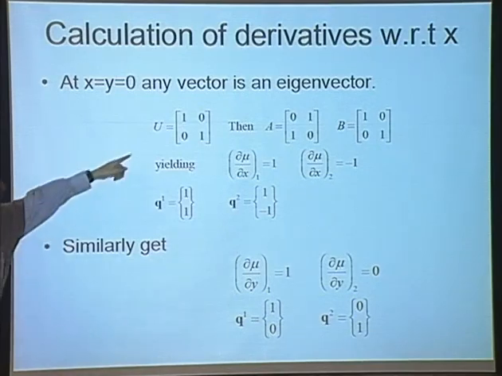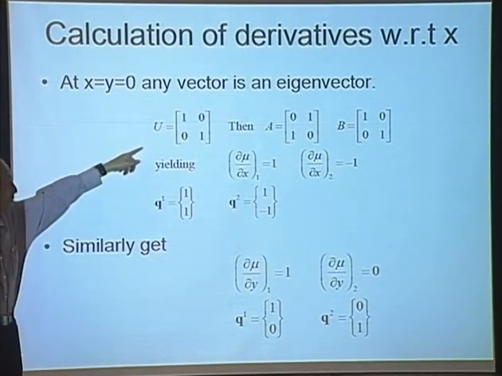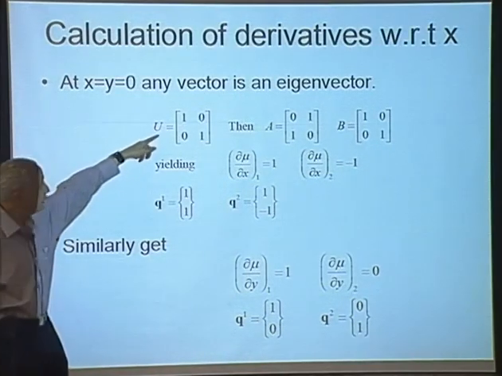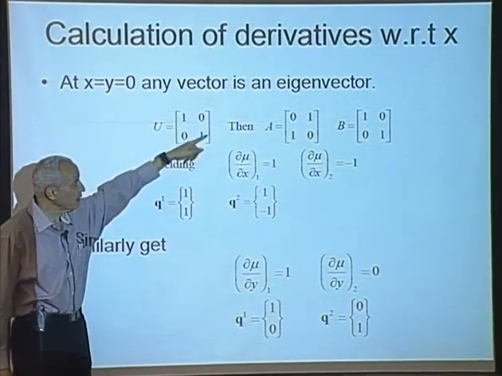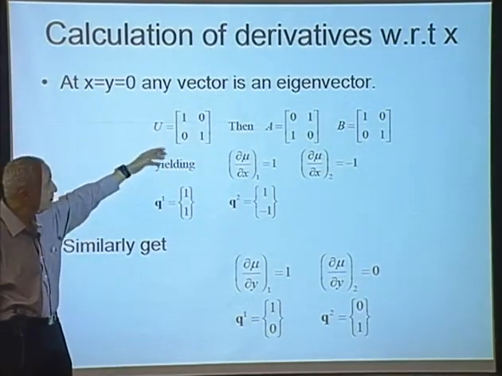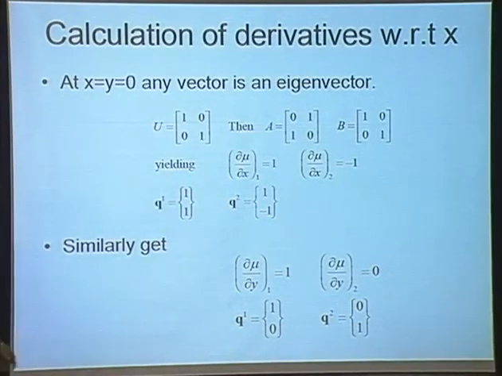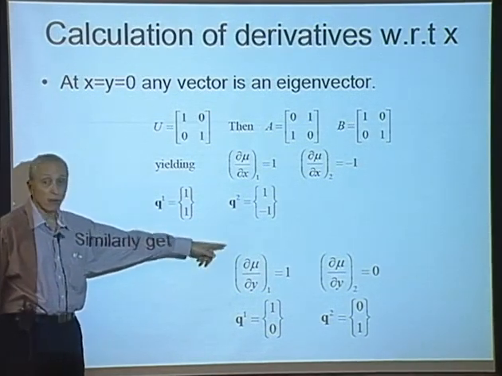So when y is equal to 0, these are the two eigenvectors, and then we calculate the matrix A, the matrix B, and we calculate its eigenvalues, and the eigenvalues happen to be 1 and minus 1, and it tells us that the derivatives with respect to x at that point are either plus 1 or minus 1. The derivatives with respect to y, on the other hand, are either 1 or 0.